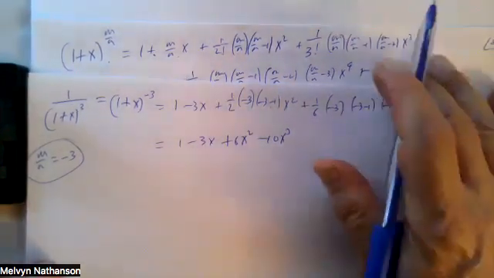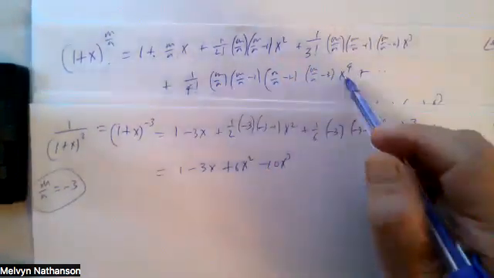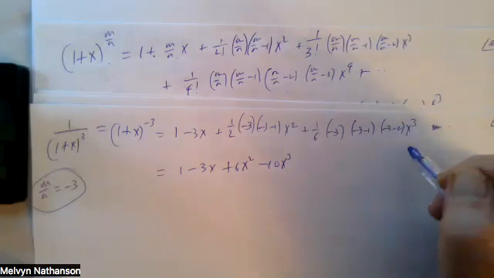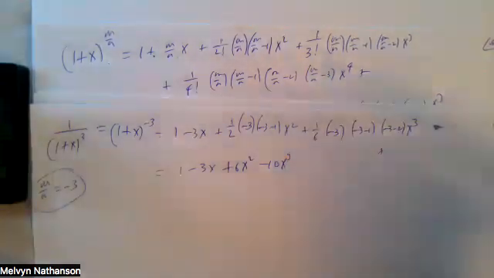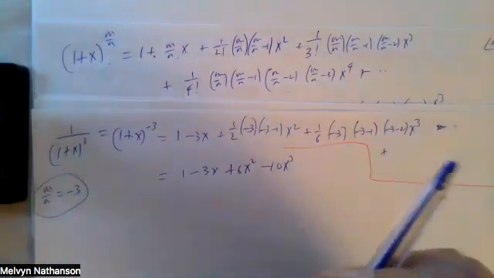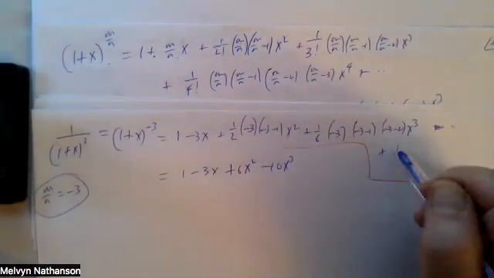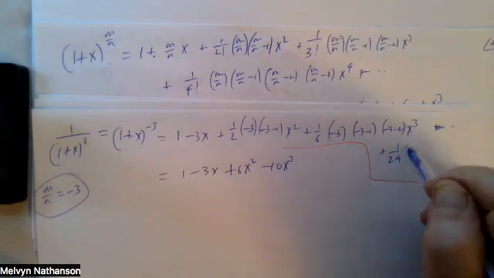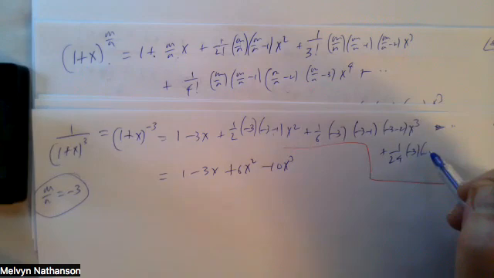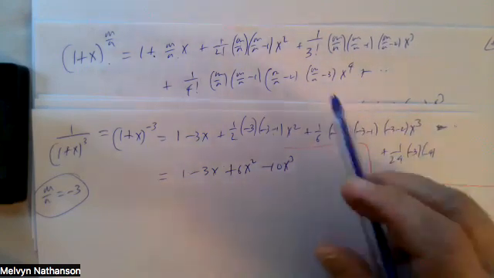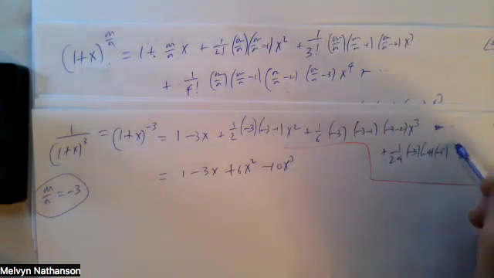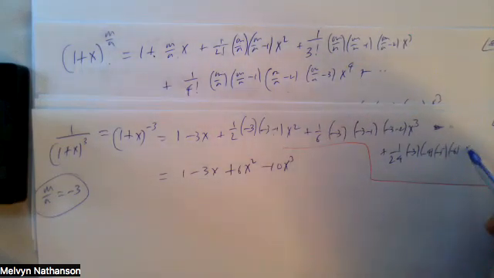The term for x to the 4th would be 1 over 4 factorial. Four factorial, 1 times 2 times 3 times 4 is 24. Minus 3 times minus 3 minus 1, which is minus 4, times minus 3 minus 2, which is minus 5, times minus 3 minus 3, which is minus 6, x to the 4th.